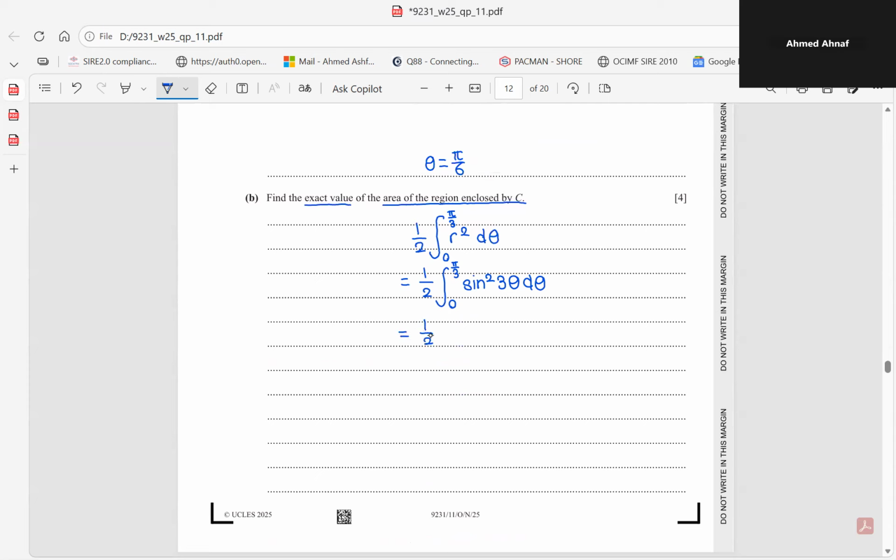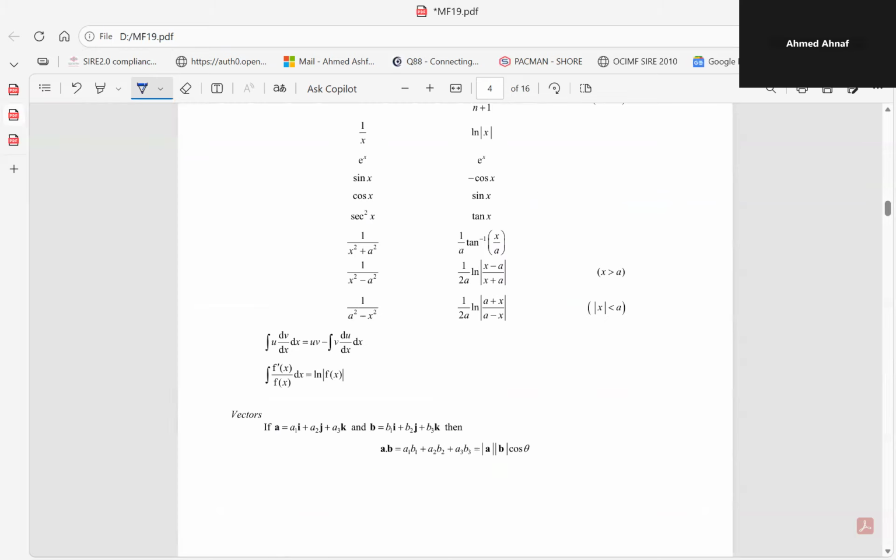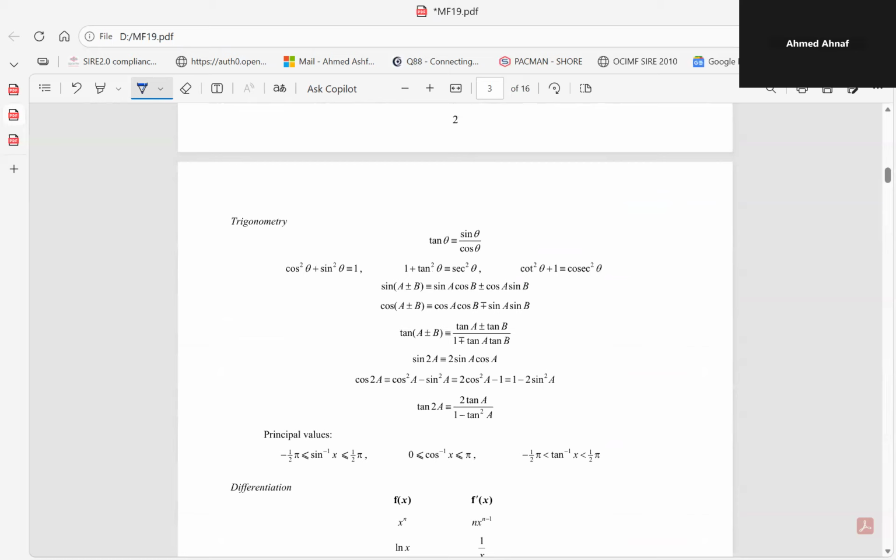To do that, you need to use your double angle formula. So go to pure maths under trig. You can see this exact formula: 1 minus 2 sine squared A equals cos 2A. So you make sine squared A your subject, you would get 1 minus cos 2A over 2.